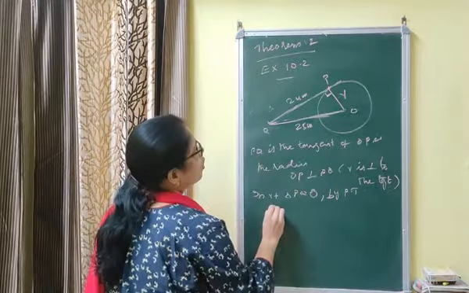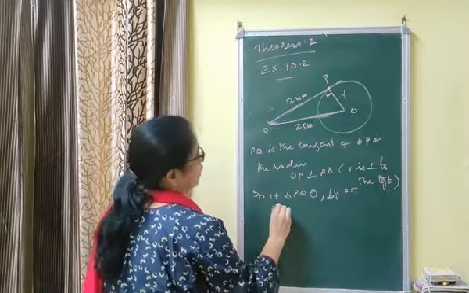OP square is equal to, this is hypotenuse, this is one side, OQ square minus PQ square, that is 25 cm whole square minus 24 cm whole square, that is 625 cm square minus 576 cm square.